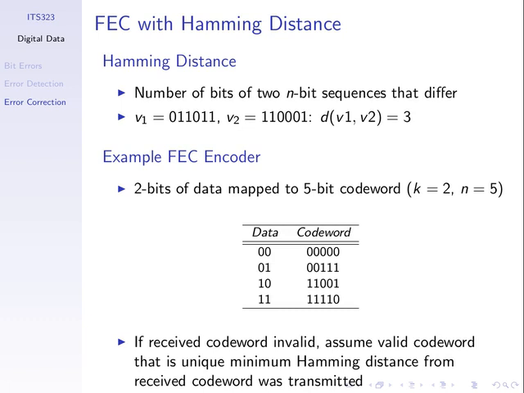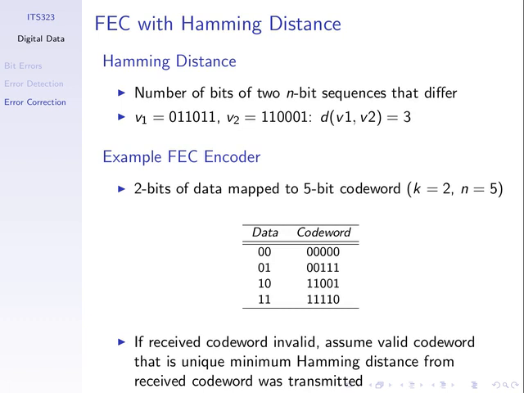If we receive a code word which does not match one of the valid ones, then we use the Hamming distance to try and find which valid code word is closest. The Hamming distance is a measure of how close the sequences are. And we choose the valid code word which is closest to the received code word. But it needs to be unique.